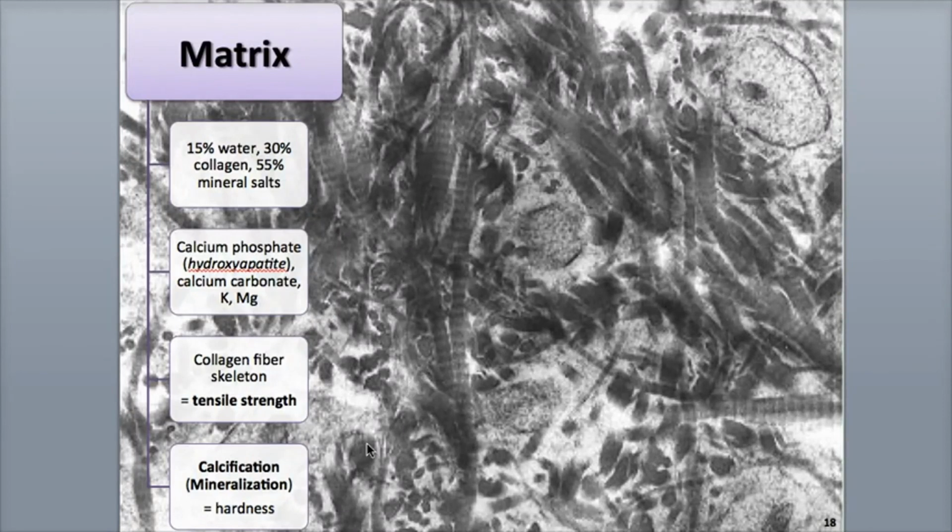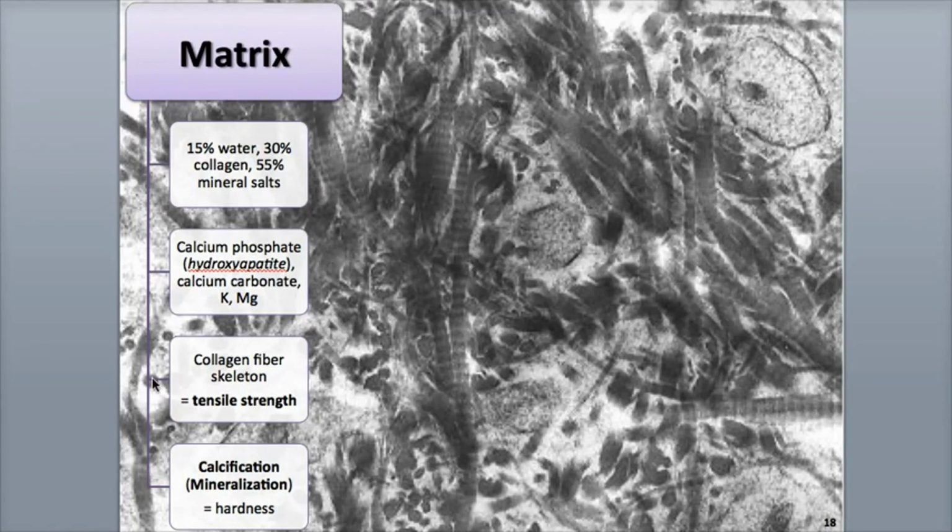These salts build up in a process analogous to how ice forms on branches or electrical lines. As the salts form over the collagen fibers, the matrix hardens in a process called calcification, also known as mineralization, an important early step in the bone building process.